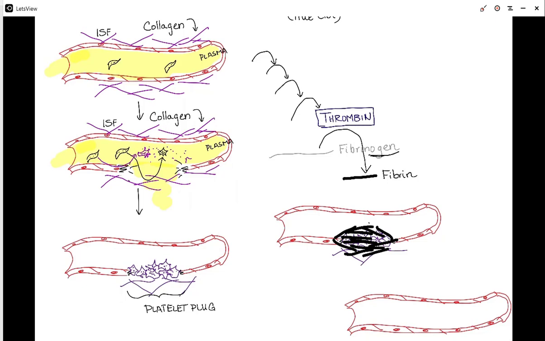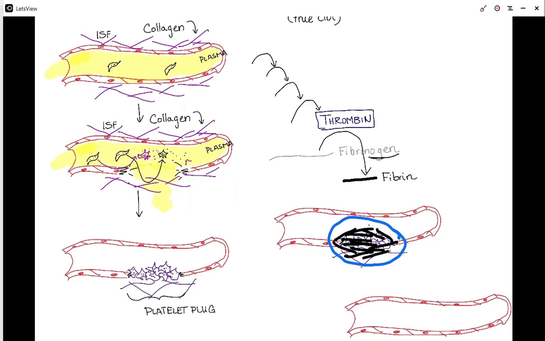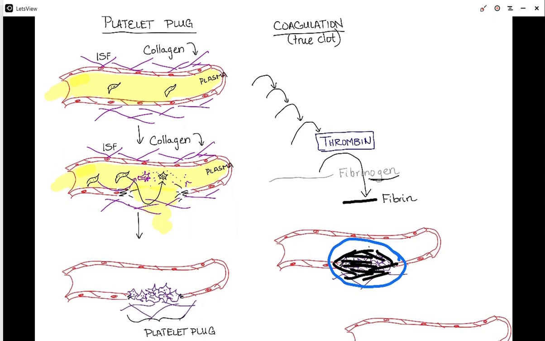So this represents the clot right here. That's the clot. The process of getting there is called coagulation.